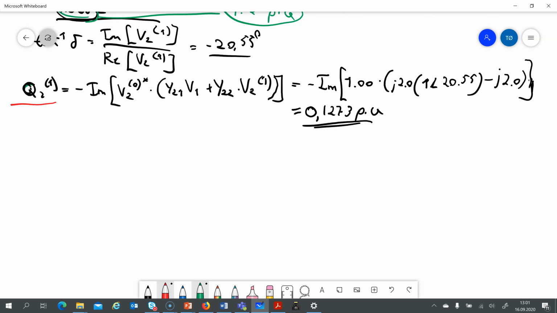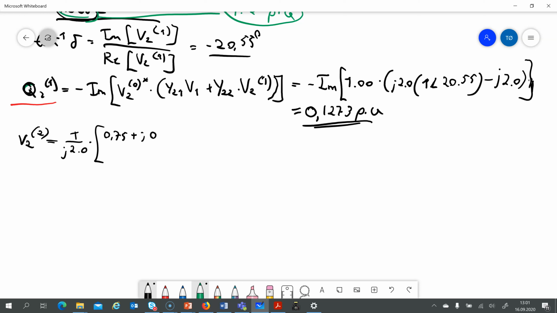Now, then we write V2 to the power of 2 equals 1 divided by 2.0 times 0.75. And now we have the reactive power.